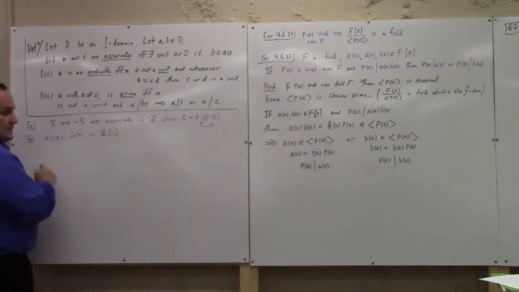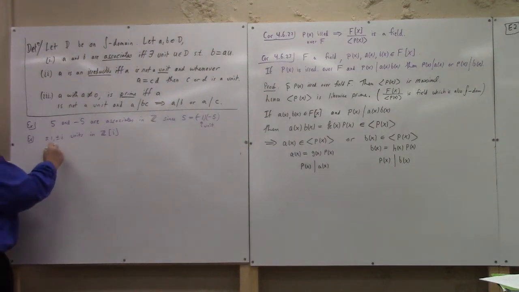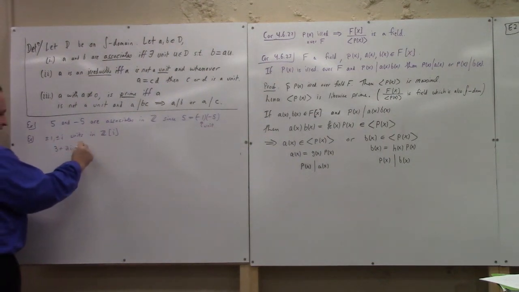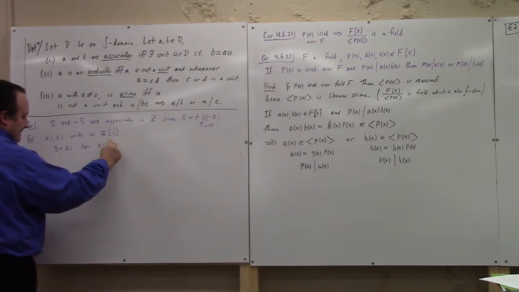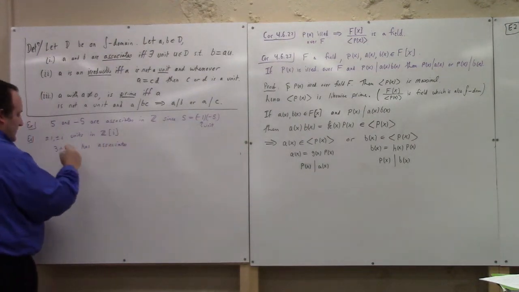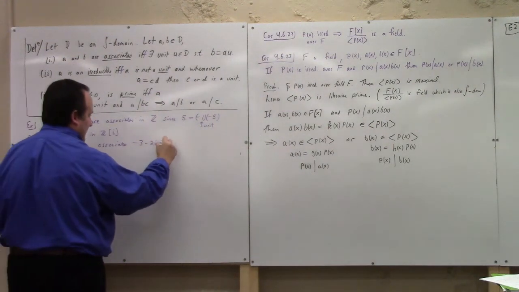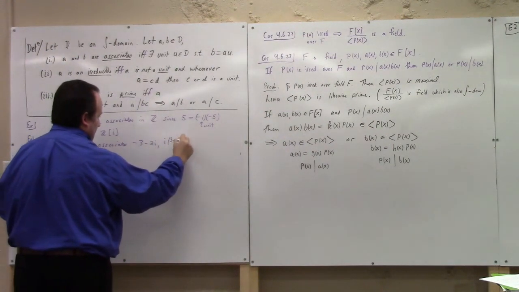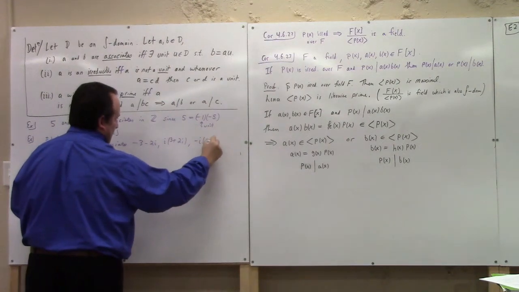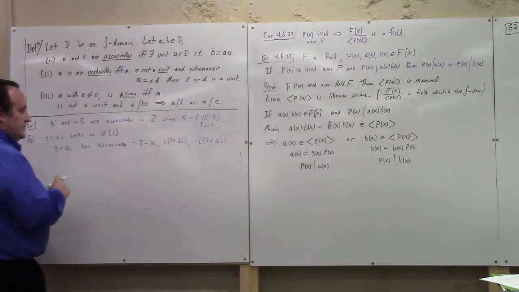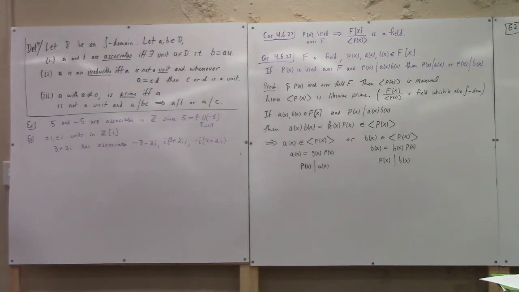So if I start with 3 plus 2i, it has associates: -3 - 2i, or i times 3 plus 2i, or -i times 3 plus 2i. These are other associates of 3 plus 2i.